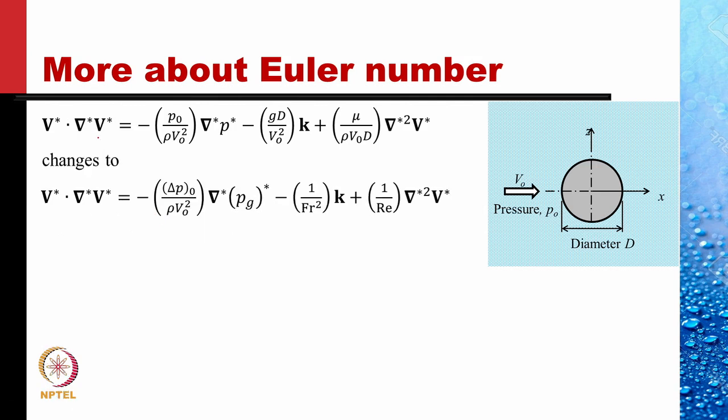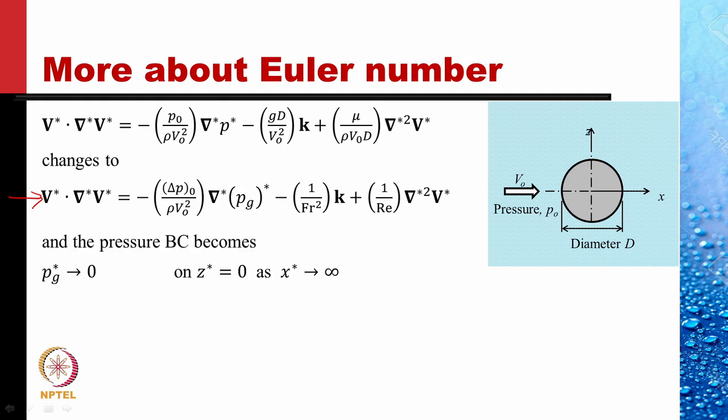With this, the equation changes to: V star dot del star V star is equal to minus 1 over Euler number del star Pg star, the gauge pressure star, minus 1 over Froude number squared k, the unit vector in the z direction, plus 1 over Re, the Reynolds number, times del star squared V star. And the pressure boundary condition becomes Pg star tends to 0 on z star equal to 0 as x star tends to infinity or minus infinity.